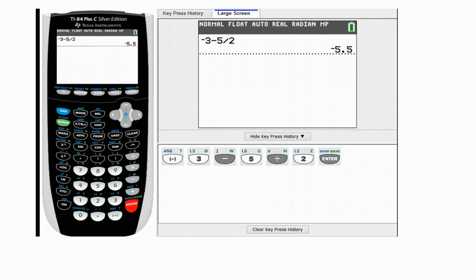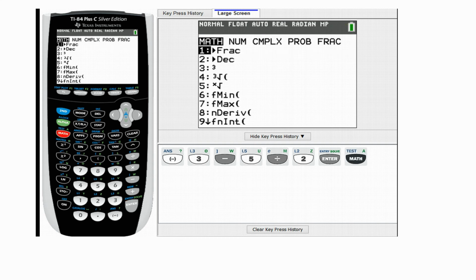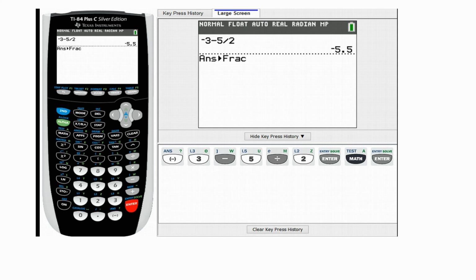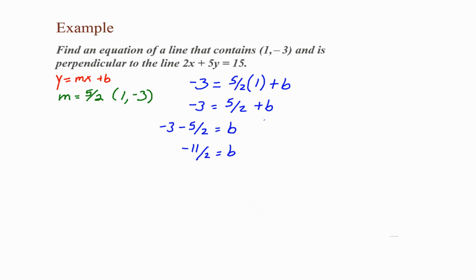I click on my Math menu and choose number 1, Frac, and it's going to take my answer and change it to a fraction. So I press enter and I get -11/2, which is what we're going to use for b. So now we can write our answer. y equals 5/2 x minus 11/2.